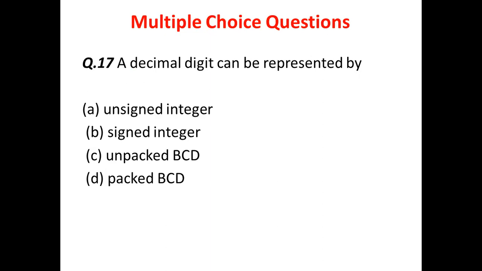The first option is unsigned integer, the second option is signed integer, the third option is unpacked BCD, and the fourth option is packed BCD. The answer is C, that is unpacked BCD. So a decimal digit can be represented by unpacked BCD.